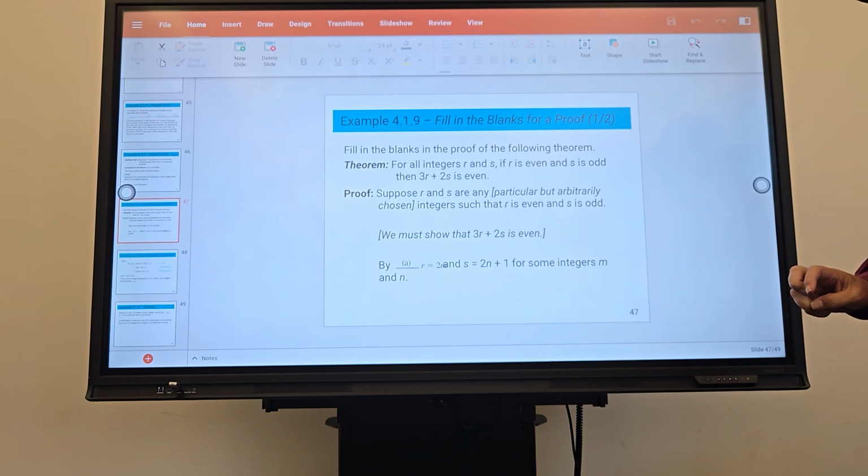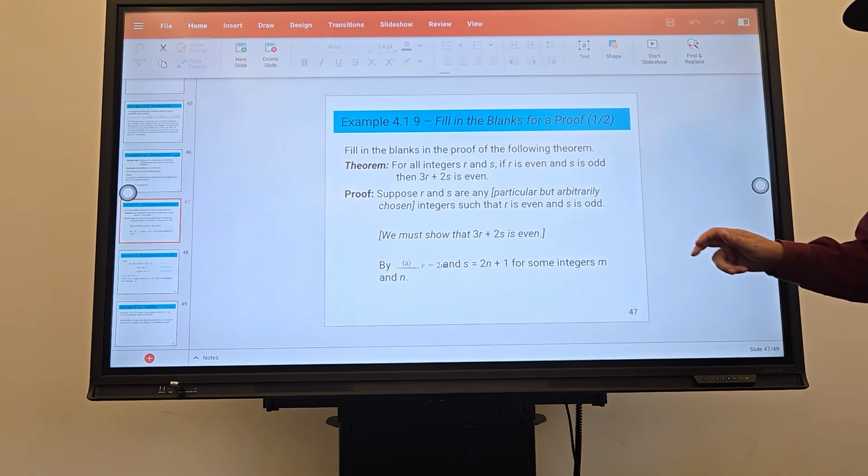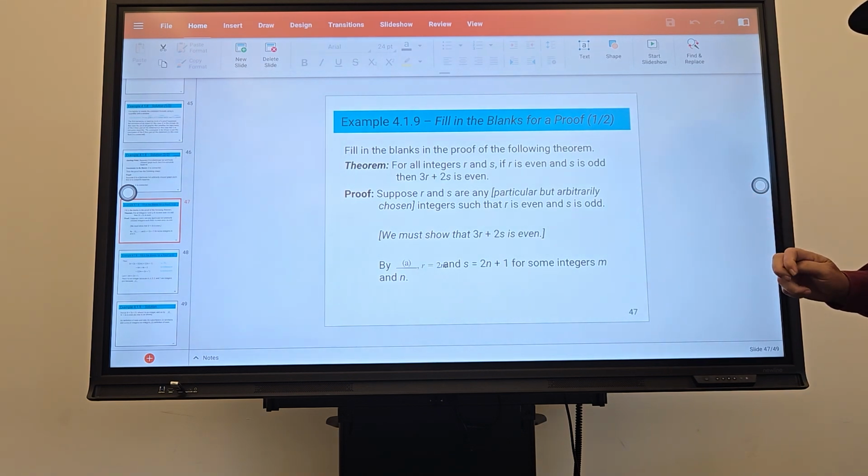Fill in the blanks in the proof of the following theorem. For all integers R and S, if R is even and S is odd, then 3R plus 2S is even. Proof: suppose R and S are any integers such that R is even and S is odd.